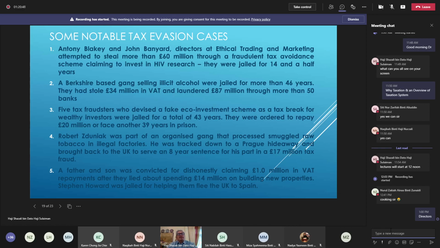Another one, a Berkshire-based gang selling illicit alcohol were jailed for more than 46 years. They stole 34 million in VAT and laundered 87 million pounds through more than 50 banks. So what is illicit alcohol? Basically, you have at the back of your house, you're making beer or whatever it is.